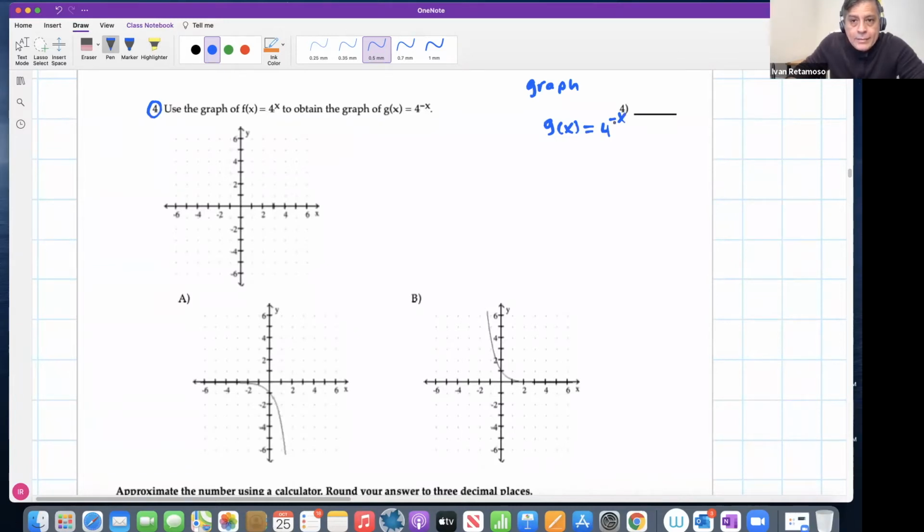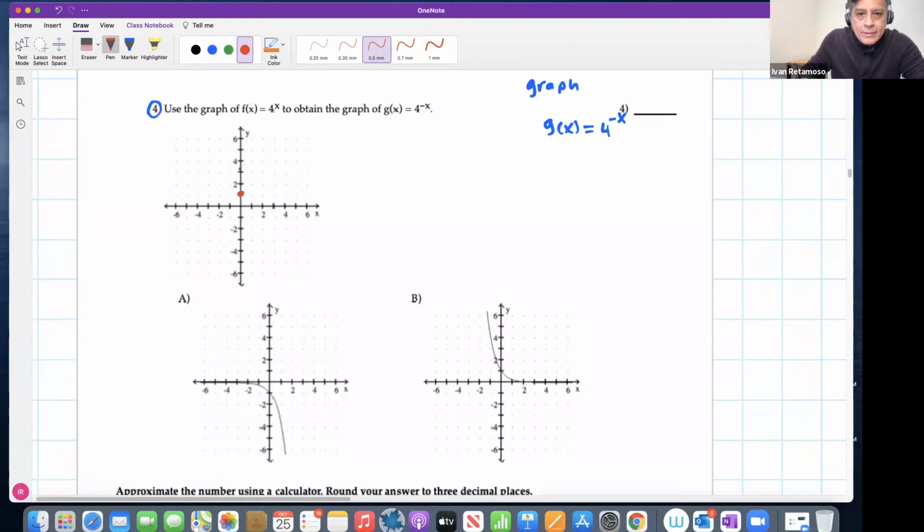And the hint is, remember, when the negative sign is applied to the inside of the function, to the input value, you have to do a reflection about the y-axis. It's a tricky question. Start as usual with something that we know.